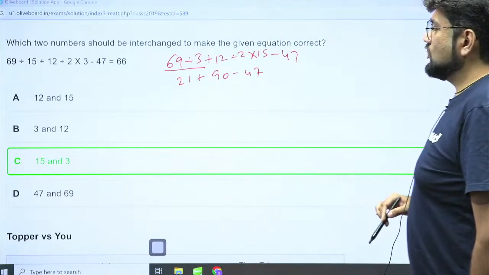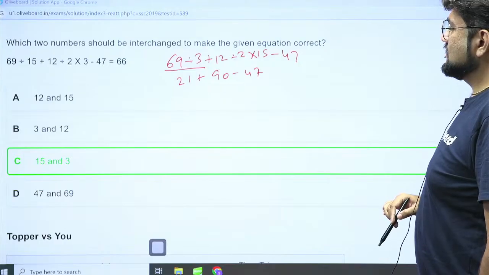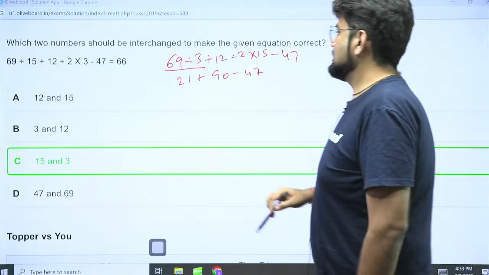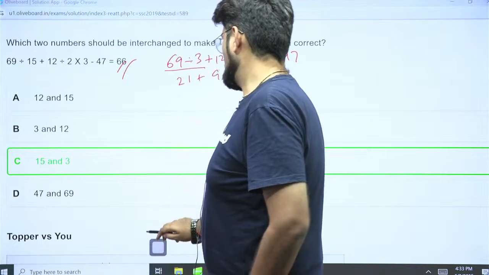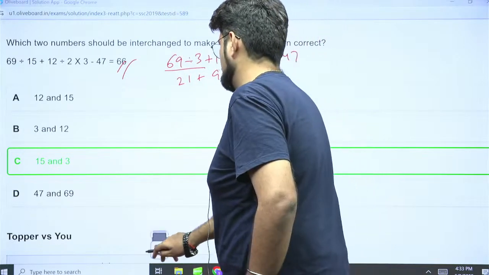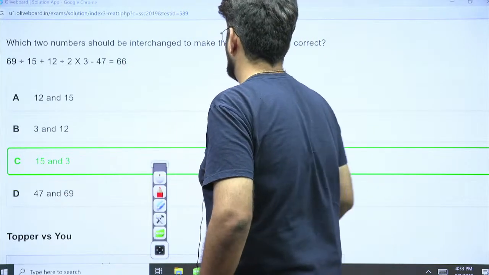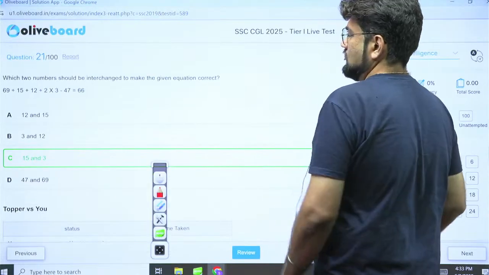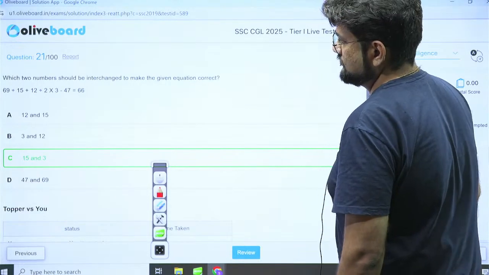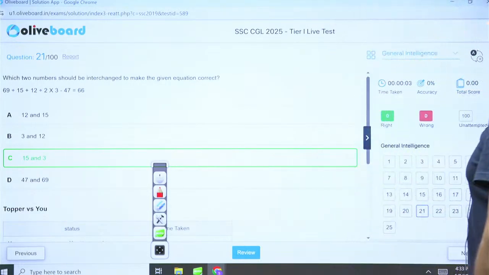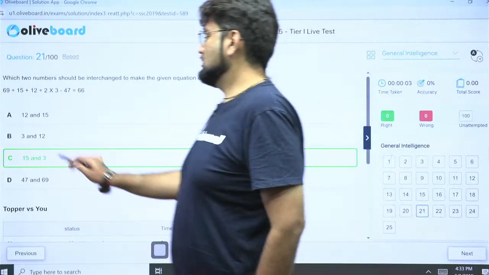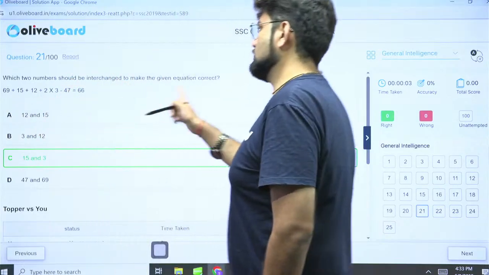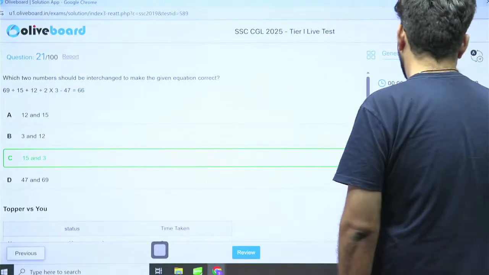So this is 111 minus 47, which is 66. Sorry, not 21. 69 divided by 3 here will be 23. That's why I was making an error. Yes. Next.